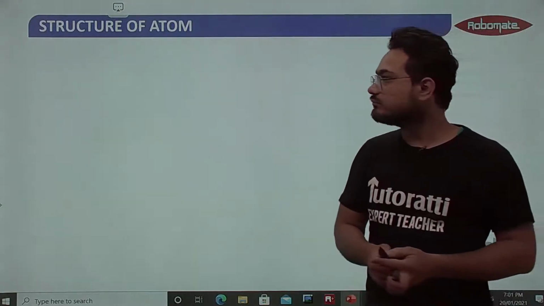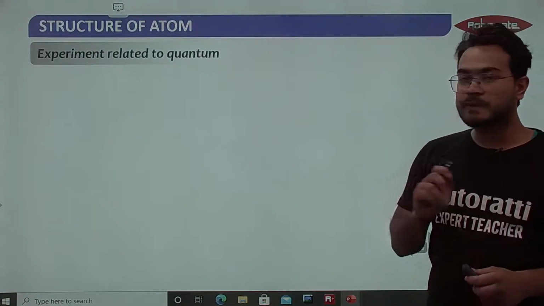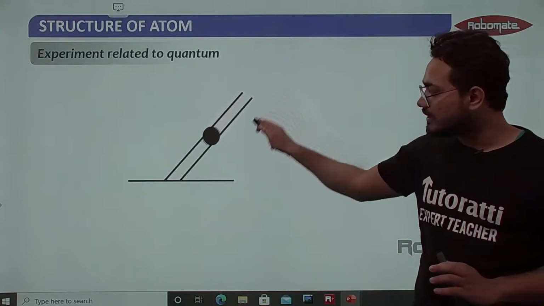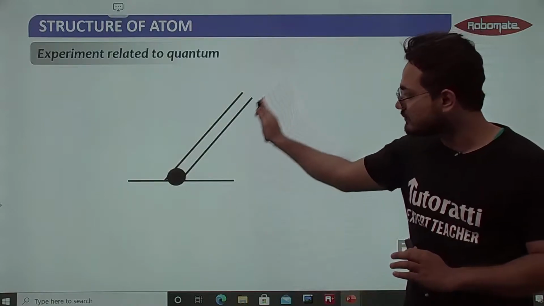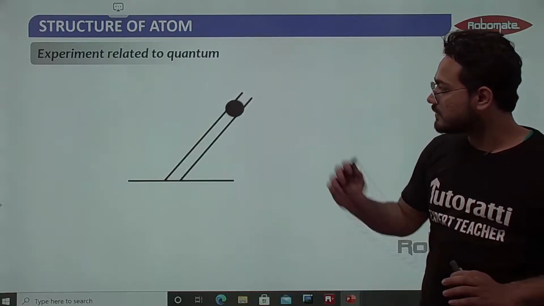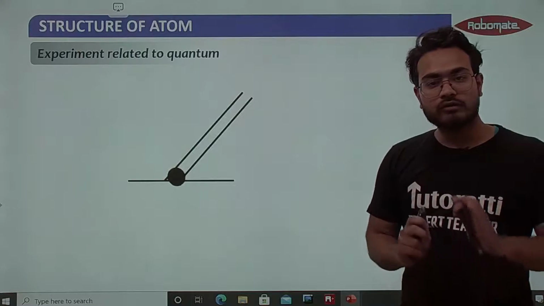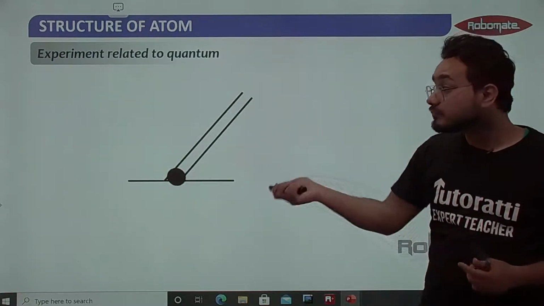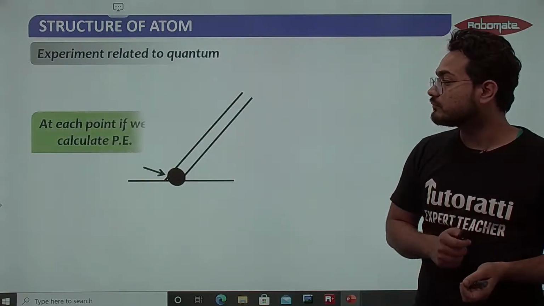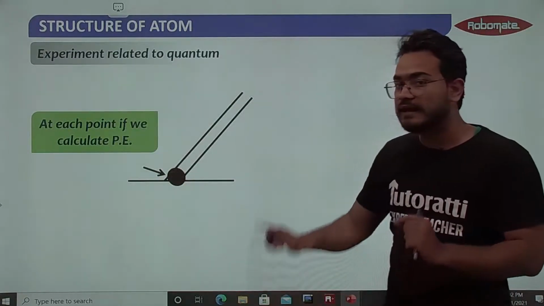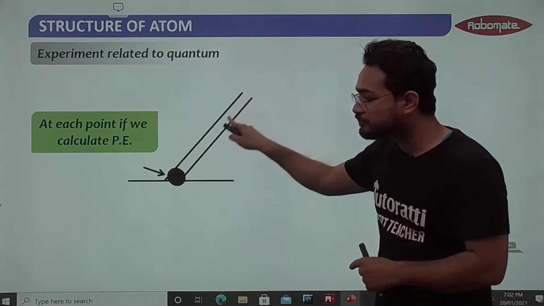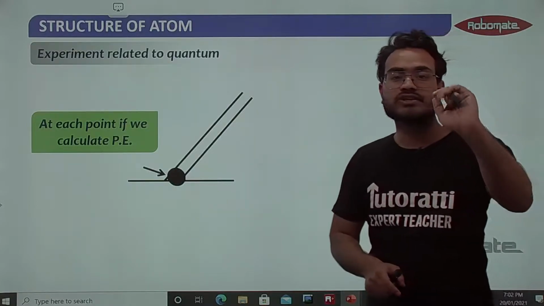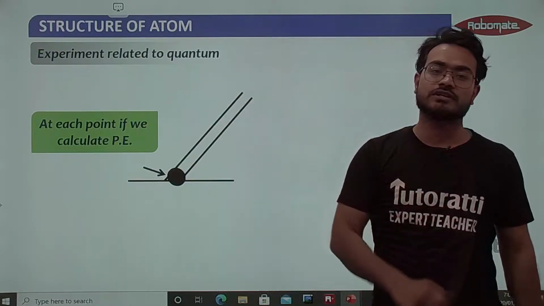Let's start. The first thing is an experiment related to quantum. Assume a ball is being dropped just like this. What will be happening to its potential energy? At each point when the ball is moving from here to here, I can calculate the potential energy.